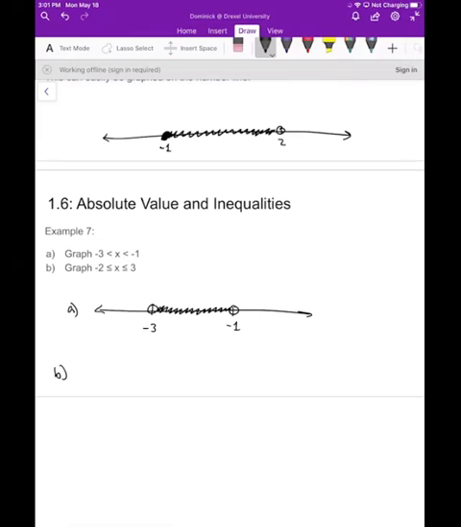All right, and then part B, we have -2 and +3. So both of these have the equal sign, so they're both going to get closed circles. And then, of course, we want to shade in between those 2 points. All right, so that's how we can sort of express these on a number line.